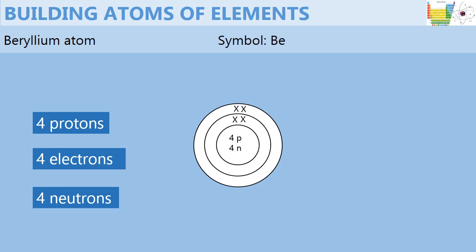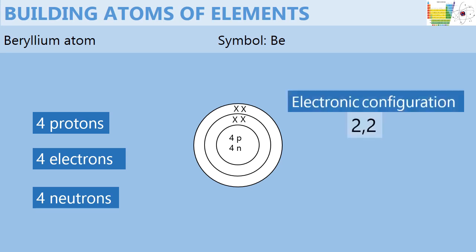As you can see, the first energy level only contains a maximum of 2 electrons, and the other 2 electrons are contained in the second energy level. The electron configuration is therefore 2,2, which we just say 2,2.